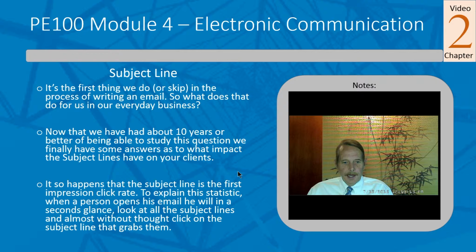Now that we've had a chance to look at it, the subject line is, in modern terms, your first impression click rate. It's used a lot in web design and everything. Just think of it this way: you pop open your emails and you've got 30 new emails, your eyes immediately skim down them, and something's going to grab your attention. That's the first place you're going to click.